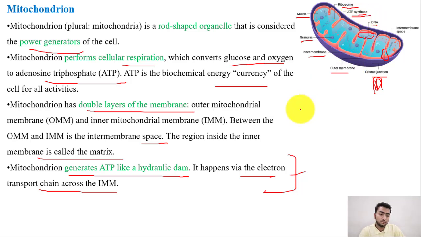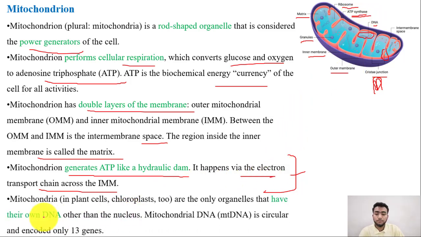The energy is generated in the form of ATP, and there is a whole lot of biochemistry going on inside this mitochondria that we do not need to take up at this point of time, but you need to understand that it generates ATP. That's enough.